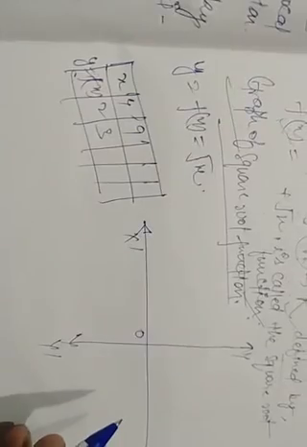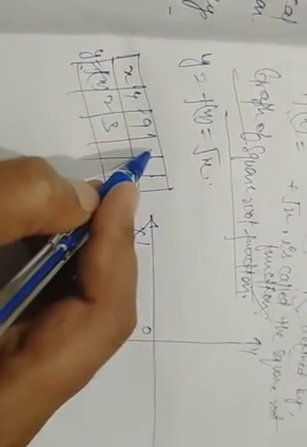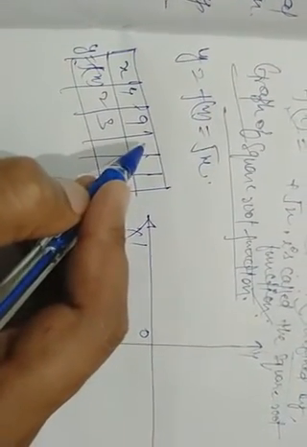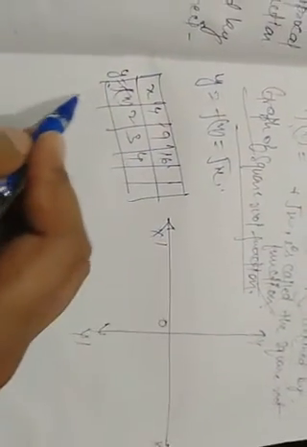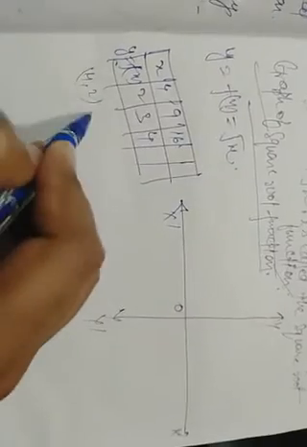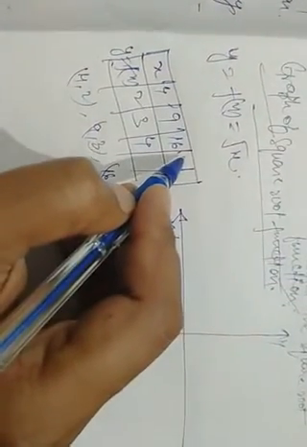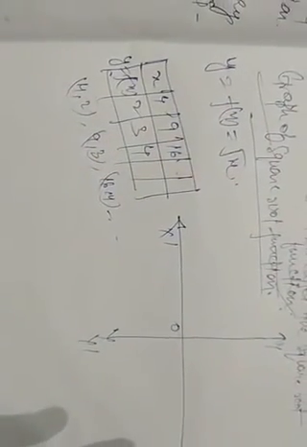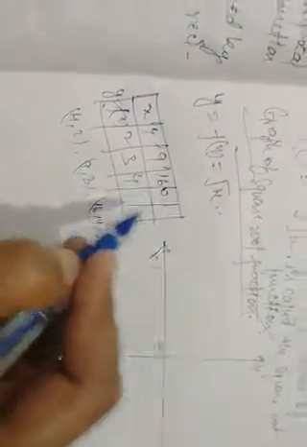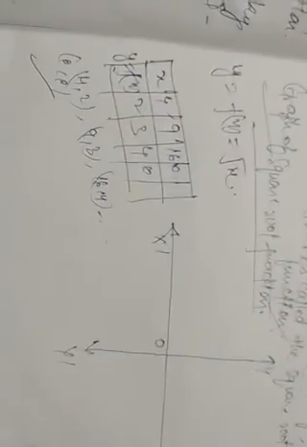If we put x is equal to 9, then we get 3. And if we put x is equal to 16, then we get 4. Then all the required ordered pairs are (4, 2), (9, 3), (16, 4) and so on. This is defined for x is equal to 0 too, and if we put 0, then we get 0, that is (0, 0) also.